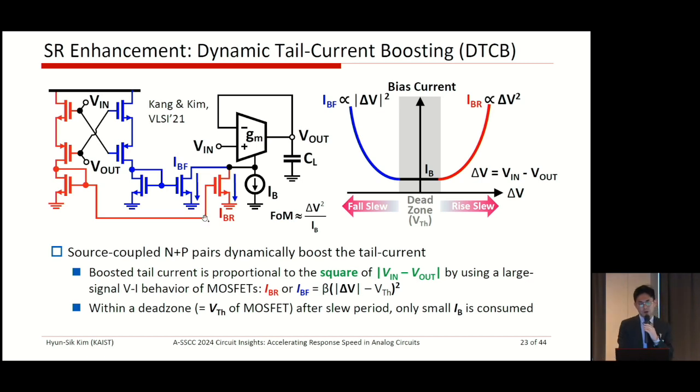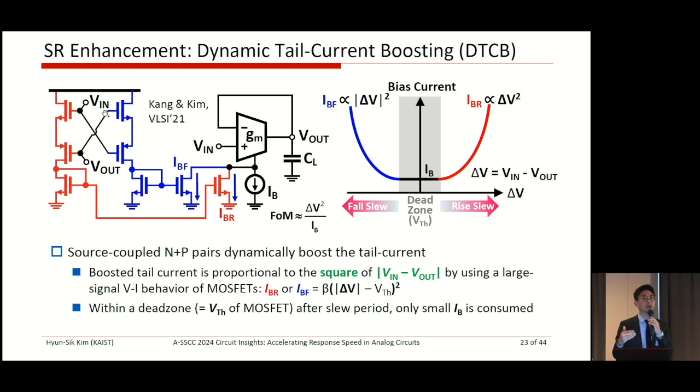The tail current is generated from this circuit here, and the input is also fed to it. This is a source-coupled transistor design, with an NMOS and a PMOS coupled at the source.